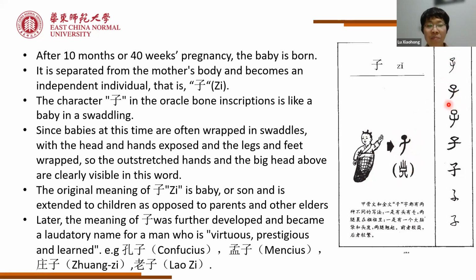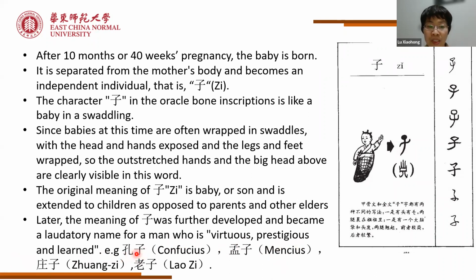The original meaning of 子 is baby or son, and then it is extended to mean children as opposed to parents and other elders. Later, the meaning of 子 was further developed and it became a laudatory name for a person, usually a man, who is virtuous, prestigious, and learned, like those philosophers you are quite familiar with.